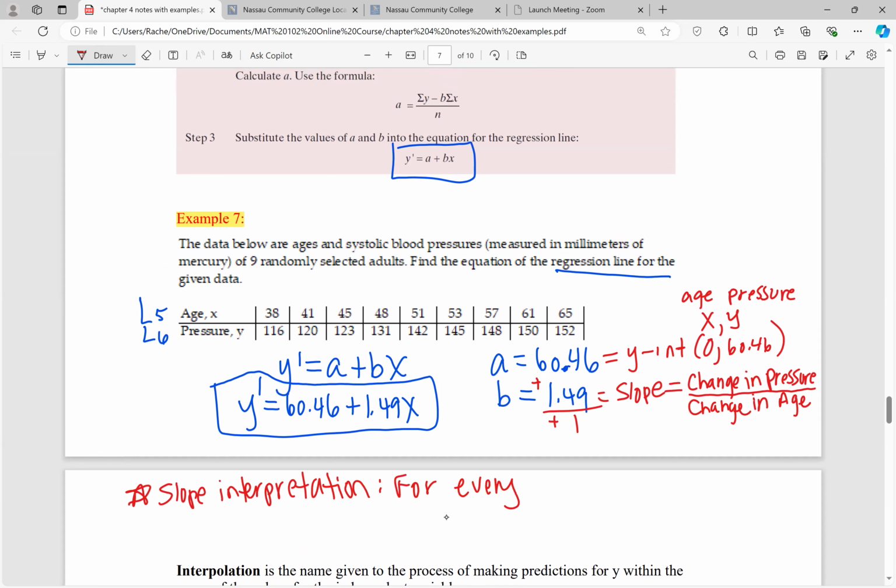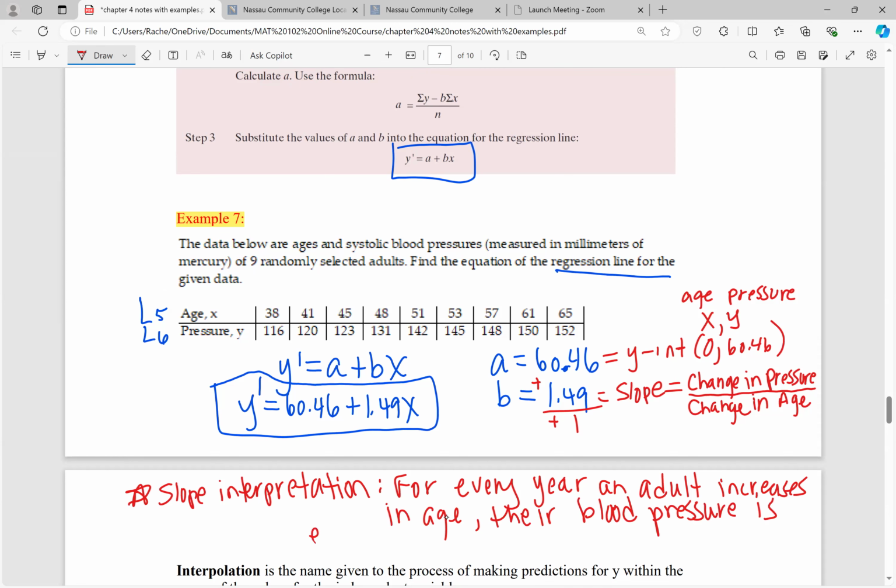So for every year an adult gets older, or we should say an adult increases in age, their blood pressure is expected to increase by 1.49, and we're in millimeters of mercury.